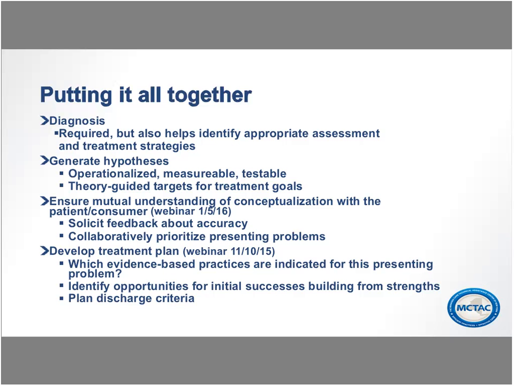But for those who are a little reluctant about diagnosis, or who think diagnosis is a little antiquated, it also can help identify those appropriate assessment and treatment strategies that might exist. There's literature out there about diagnoses from many, many decades of work. So putting a label can help focus searching for what is the next best assessment, what is a treatment strategy I haven't tried, what else can we do to help this particular person.